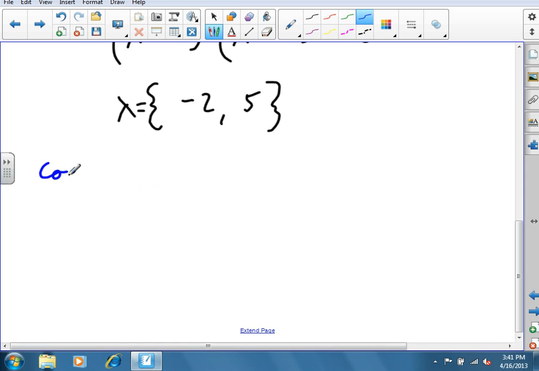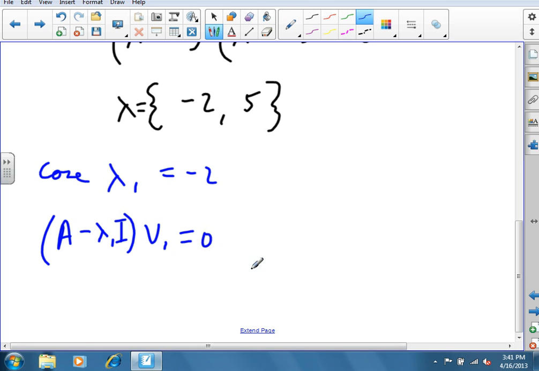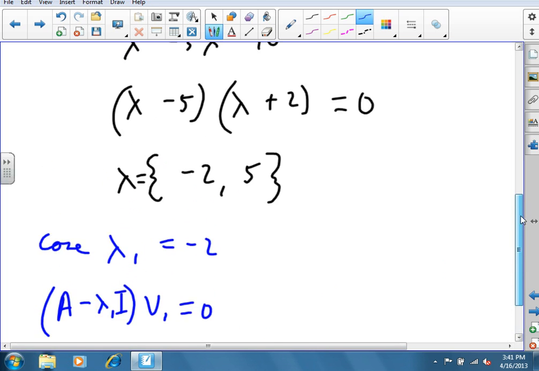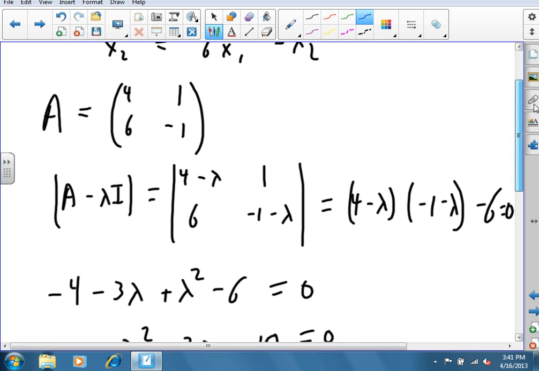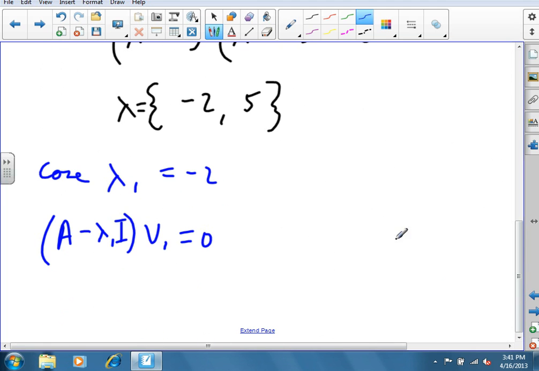So case 1, lambda 1 is minus 2. We want A minus lambda 1 I times V1 to be 0. And we remember what A is: 4, 1, 6, minus 1.